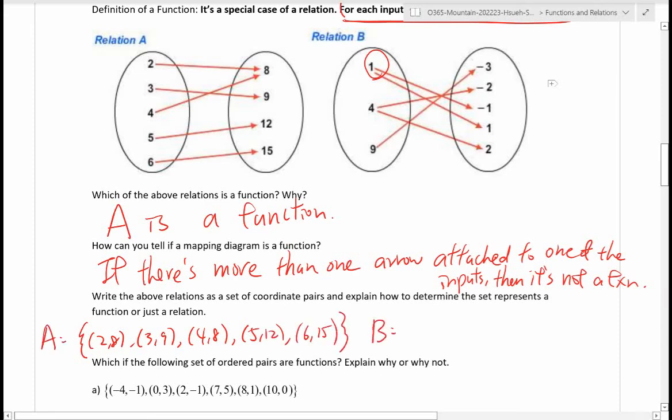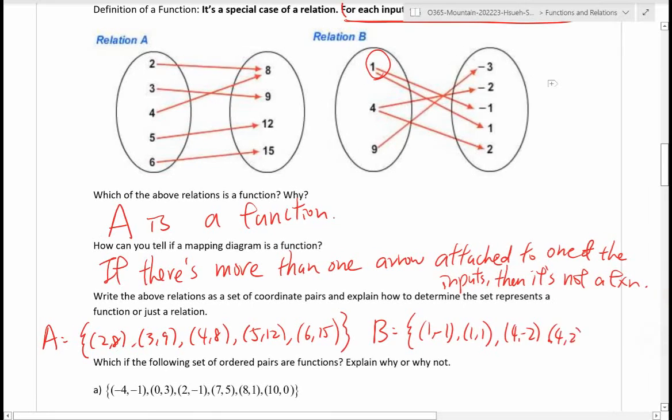For B, we have (1, -1), (1, 1), (4, -2), (4, 2), and finally (9, -3). Okay, so B is not a function because we said that there is more than one arrow attached to the input.